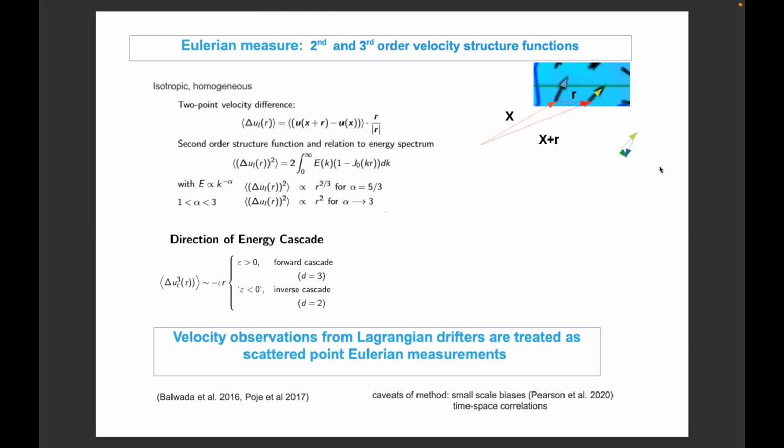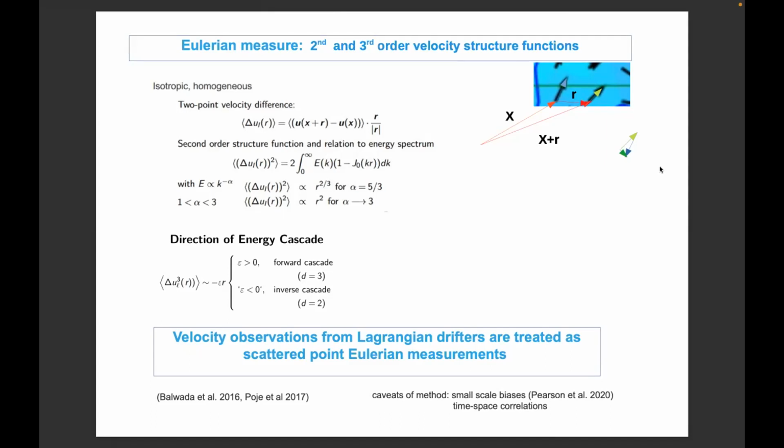And we can calculate the difference between the 2 velocities, and also project it on the separation vector. What we are interested in is the velocity difference as it evolves on average with increasing separation.